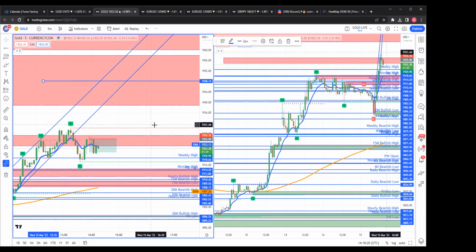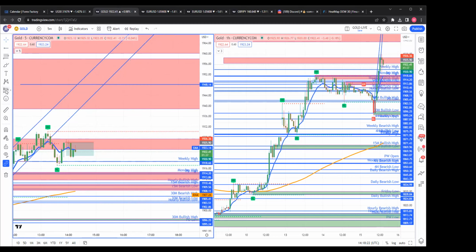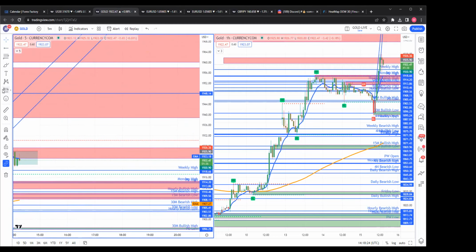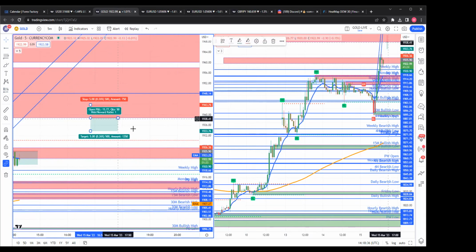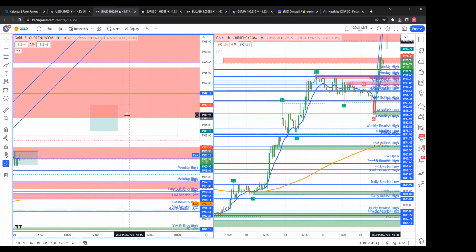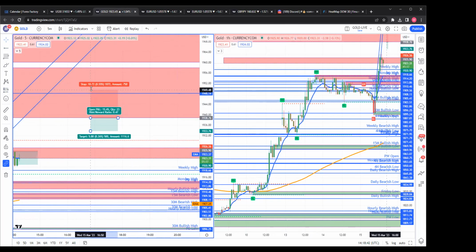Now, if we're looking for sells on gold, ideally this is how we do our sells, right? The first sell right here, 50 pip stop loss, 50 pip take profit, right? But you can see you're not going to survive. It's hard for you to survive this, right? So you need a stop loss here that will take you above the middle of that zone.